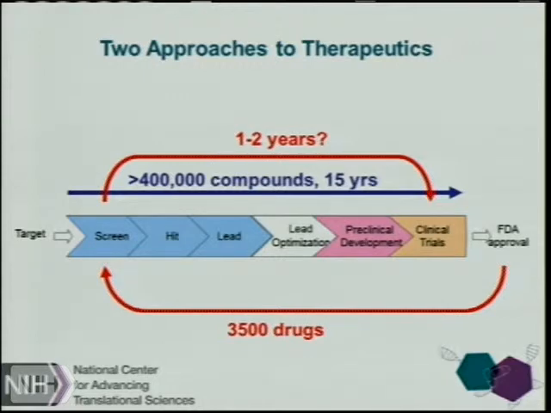Well, there are two components to it. One is knowing what the drugs are, how many are out there, and then assembling a physical collection of those and testing it.